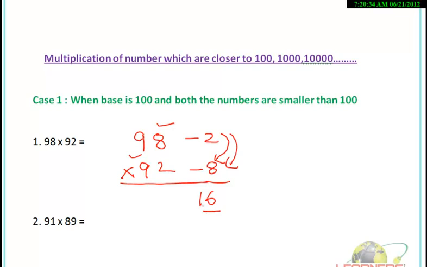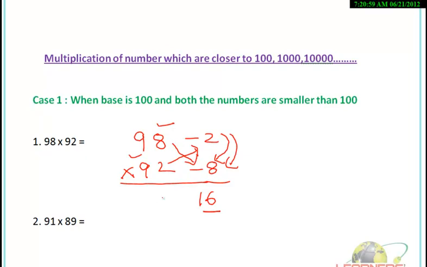Now what next is, we have to find out the difference of these two numbers. It means we have to go for a cross subtraction. We can do either 98 minus 8 or 92 minus 2. In both cases we'll get the same result, but you do the calculation which you find easy.